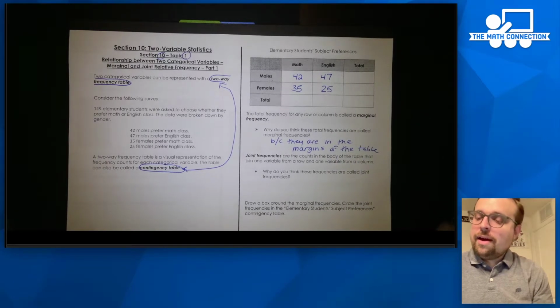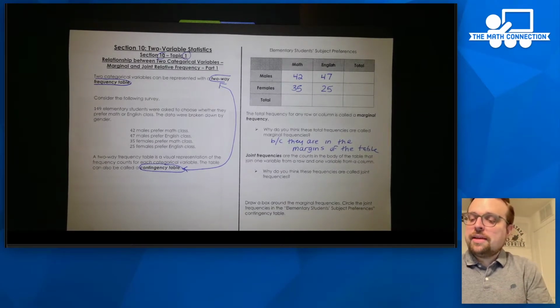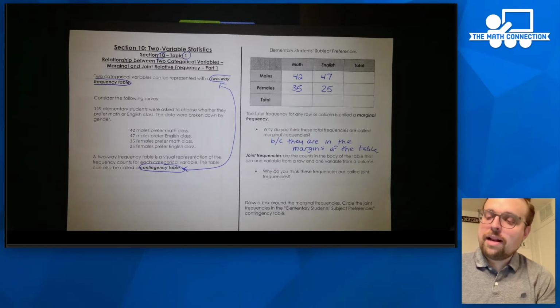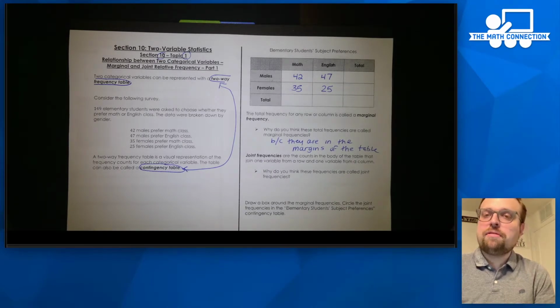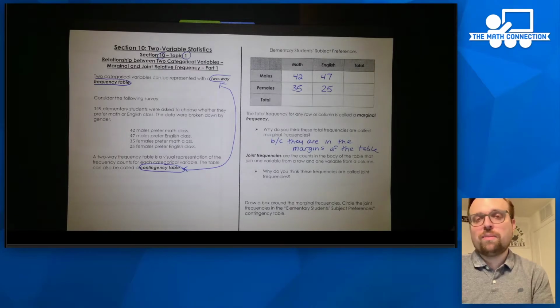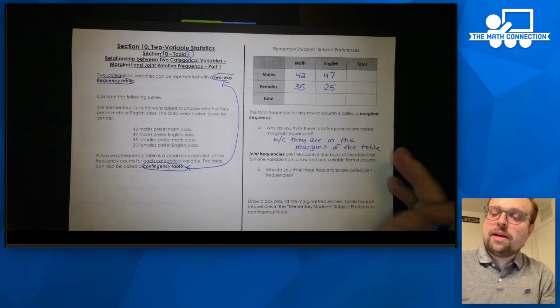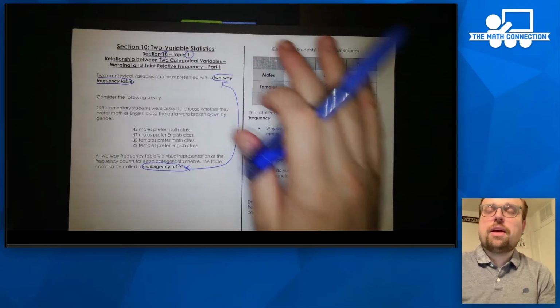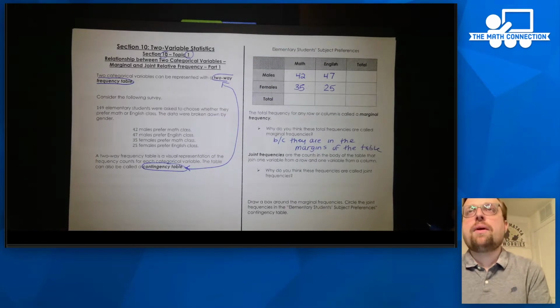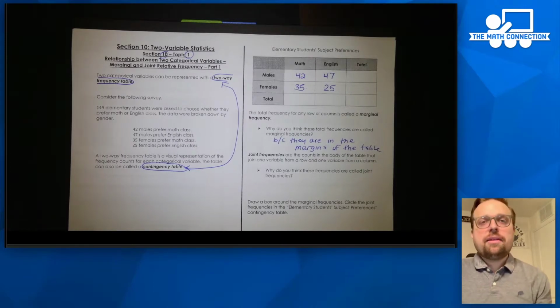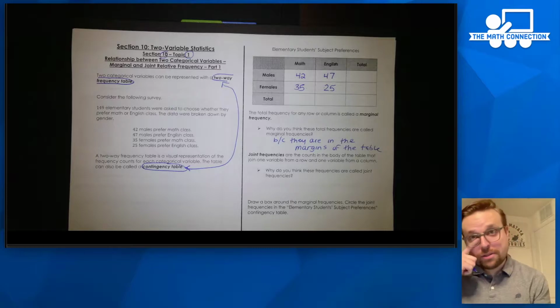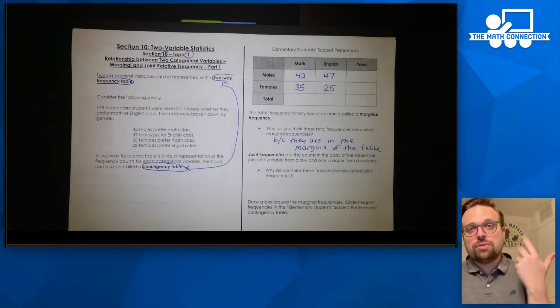Okay. And a joint frequency is the count in the body of the table that join one variable from one row and one variable from one column. So that means every number that you see here is representing a joint frequency. So if you want to think about that in another way, when you say that you're like joining someone else in class to do like a project, that's the two of you coming together to do something, to finish like an assignment.